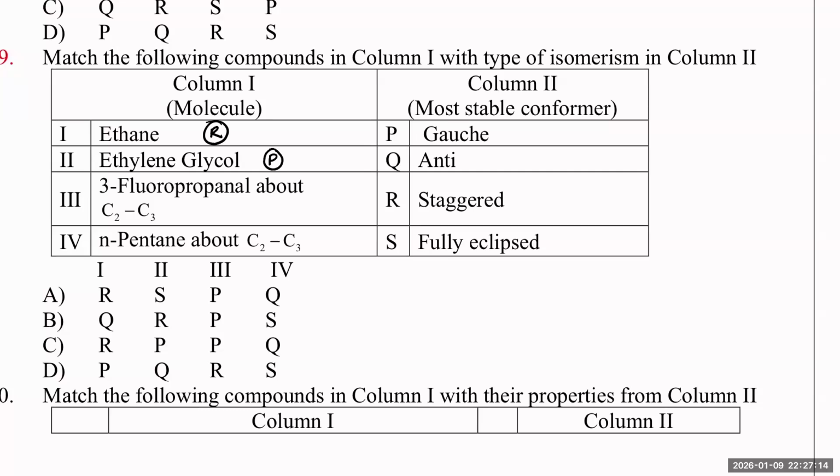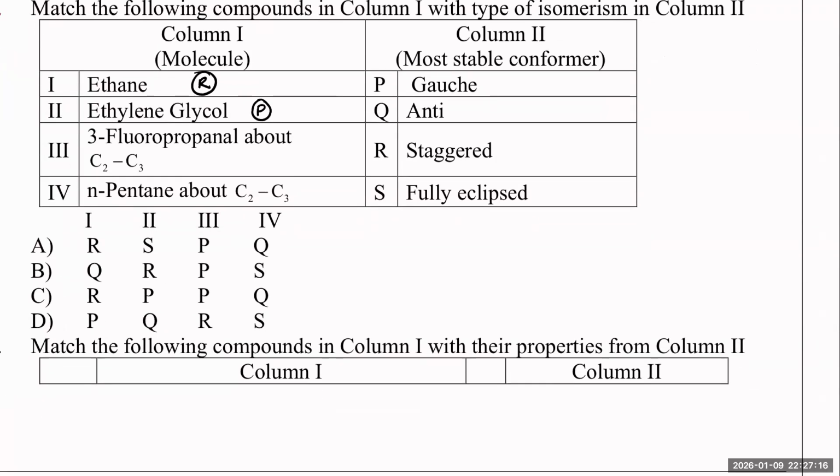3-fluoropropanol. Here C2 and C3. Achha, when you have 2 and 3 here, correct? It is the structure like this. See, let me write the Newman projection for this one between 2 and 3. So backside, let's say if there is 3, correct. Oh, sorry. First let me write the structure CH3, CH2, CHO.